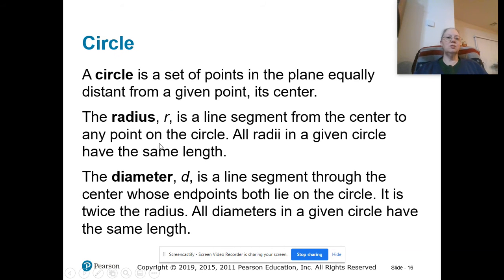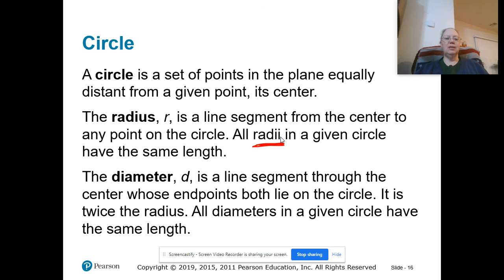Okay, circles. A circle is a set of points in the plane equally distant from a given point called the center. The distance between the center and the circle is the radius, and plural for radius is radii. We pronounce that radii.